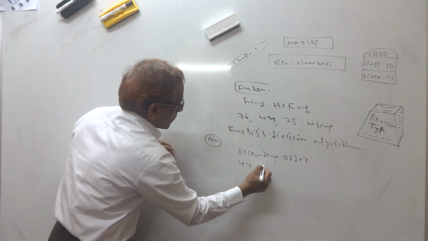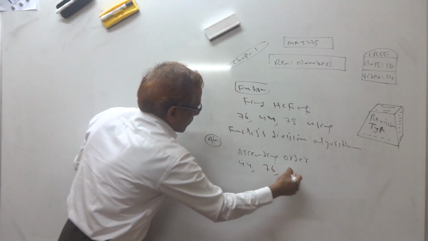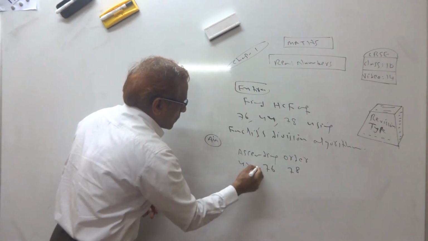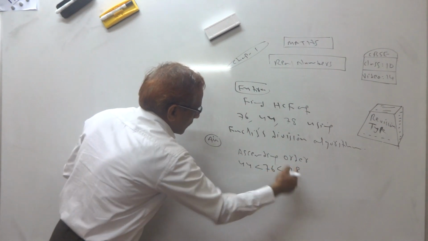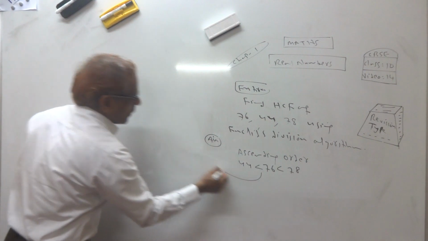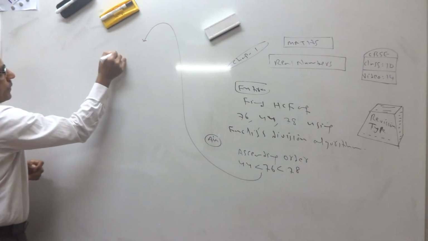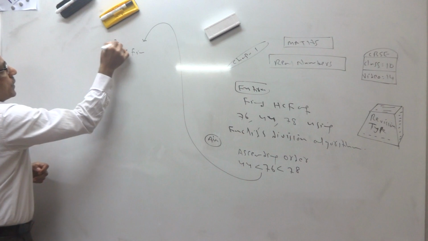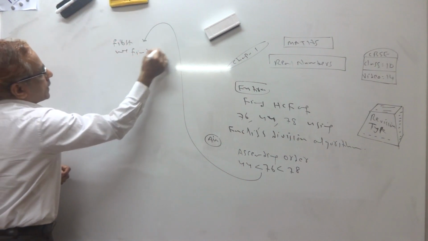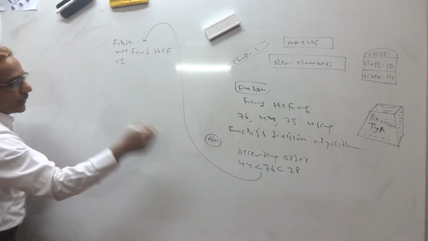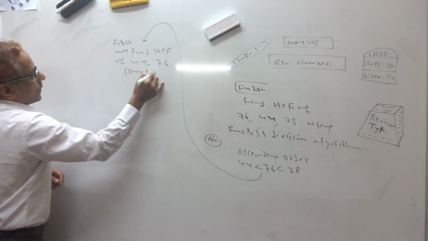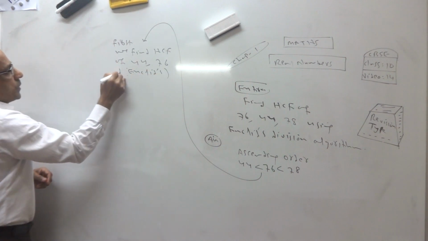44, 76, 78. You know that 44 is smaller than 76, and so on. Then what do we do? First we find HCF of the first 2 numbers using Euclid's division method.